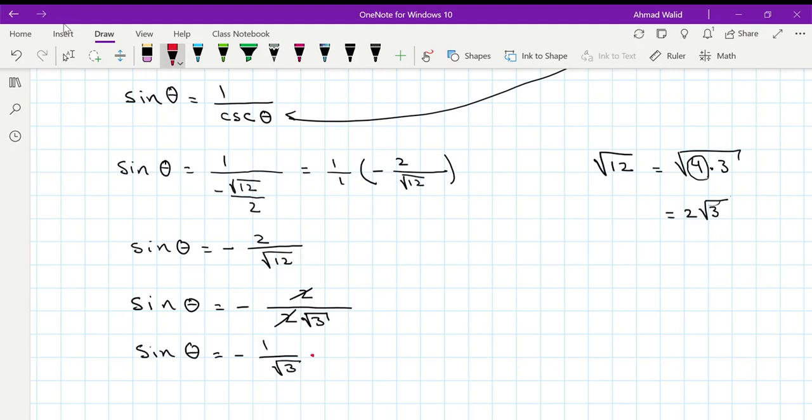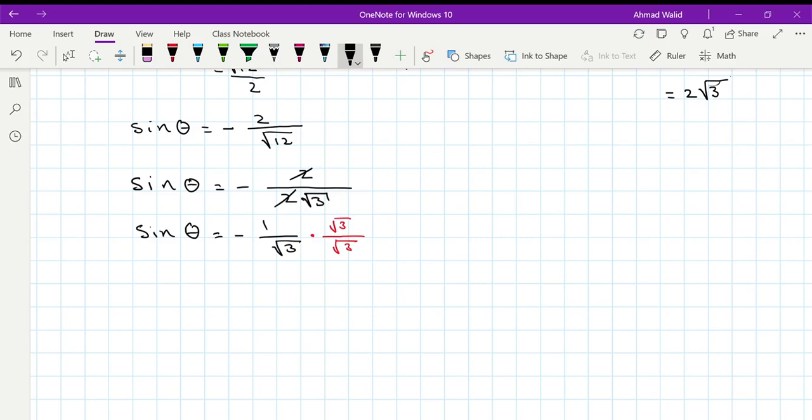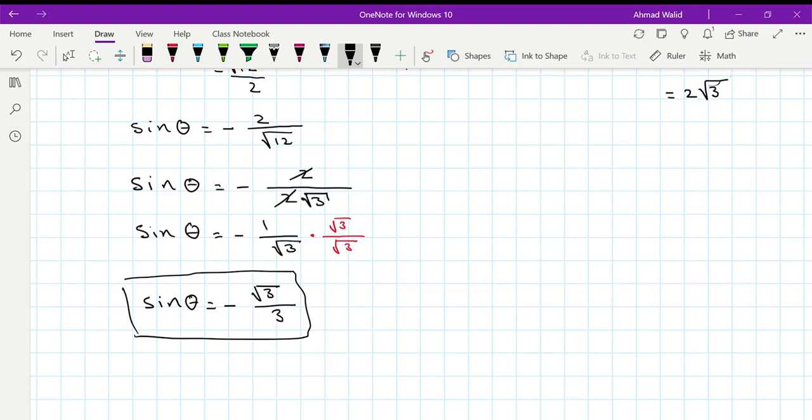Then I will multiply this fraction by radical 3 over radical 3 to rationalize the denominator, which gives me sine theta equals negative 1 times radical 3 gives you radical 3, over radical 3 times radical 3 gives you 3. That's your answer.